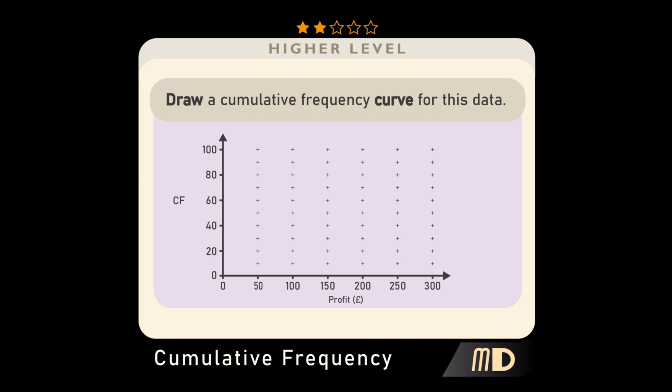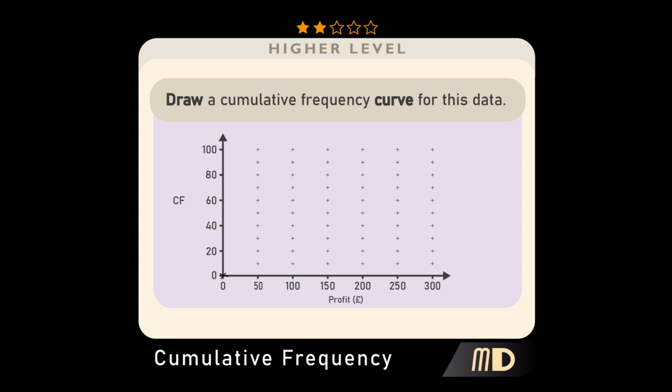But the first value we need to plot on our cumulative frequency graph has the coordinate 0, 0. That's because the lower boundary of the first class is 0. In other words, there are no values that we need to account for before the first group.